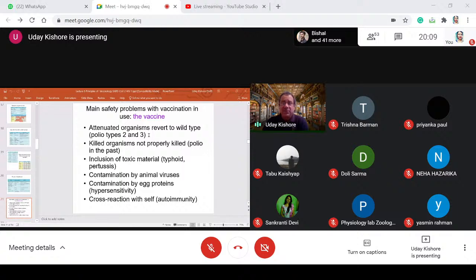But he had instances where Jonas Salk found that a number of people had reversals to wild type. But that problem was sorted out later in the 80s and 90s by developing better strategies to attenuate organisms, including polio. Sometimes killed organisms are not properly killed, especially heat killed. The Indian vaccine, which is being given, I think it is heat killed.